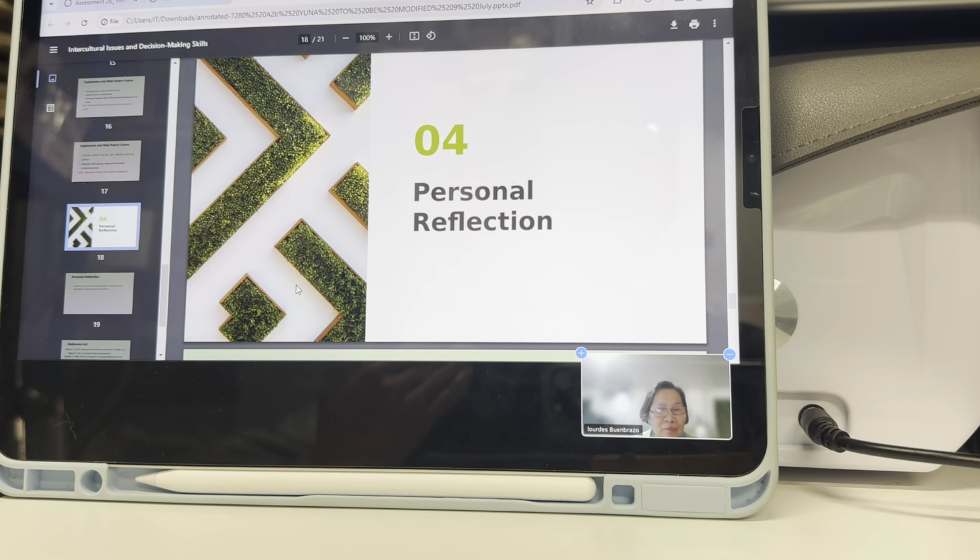So now we talk about personal reflection. In my point of view, when I face intercultural issues in my future work or need intercultural communication, they can be analyzed according to the six culture dimensions.